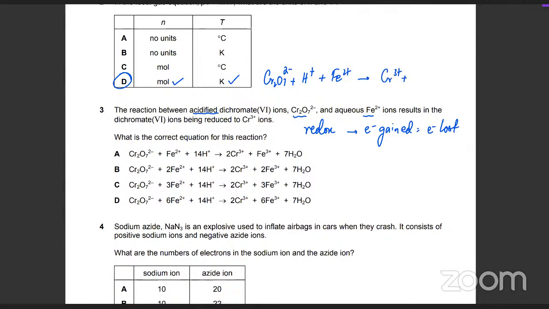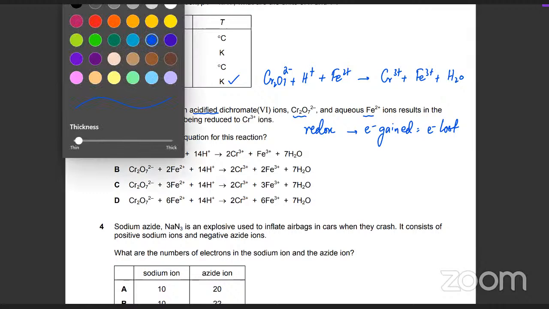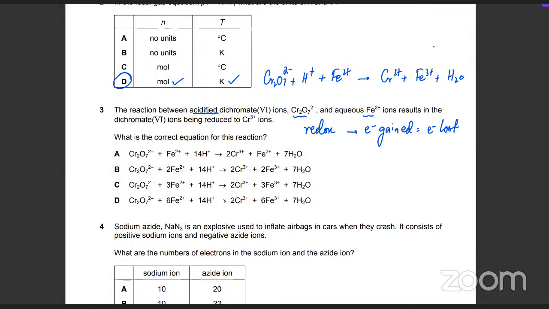And in all these equations, it's forming Fe3+ and water. Now, whenever you balance the redox equation, the number of electrons gained and lost have to be equal. So in this case, how can they be equal? They can be equal if Fe2+ is the one that's getting oxidized.